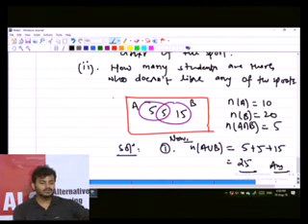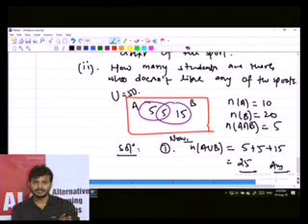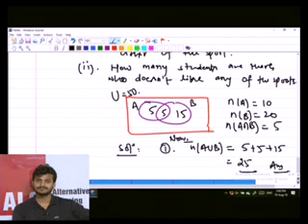Now you see, there was a total of 50 students. Please try to understand, this is how we proceed in any given Venn diagram. We will start from the inside part, the intersection part, if information is given. Otherwise, we will consider some variable, suppose X, Y. But in this case, we are lucky enough to be given it, so we directly write 5 here and then move to this 5 and this 15.